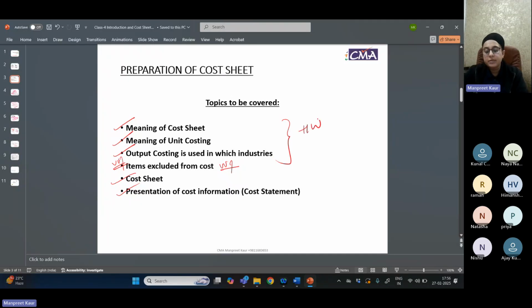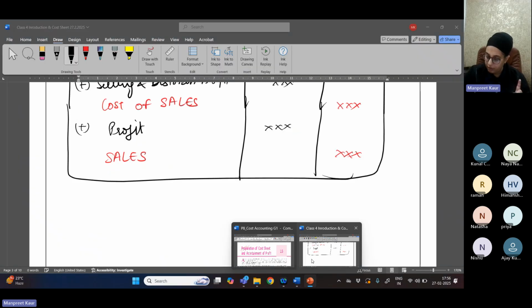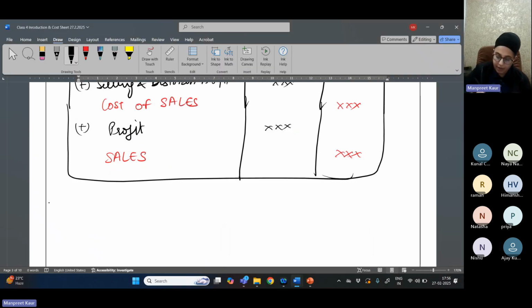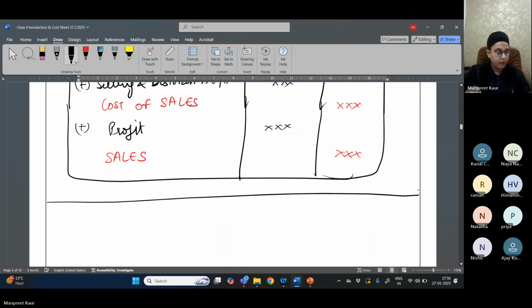Now we will discuss items excluded from the cost. Then we will start with the practical questions of the cost sheet. I will take one theoretical chapter now, items excluded from cost sheet, and then we will discuss the practical portion in today's class.